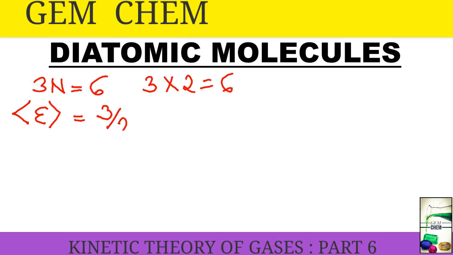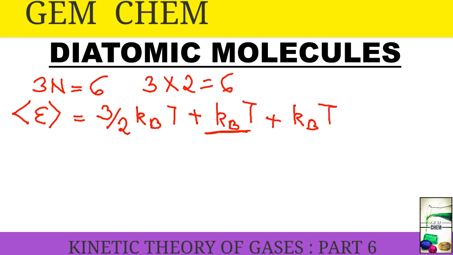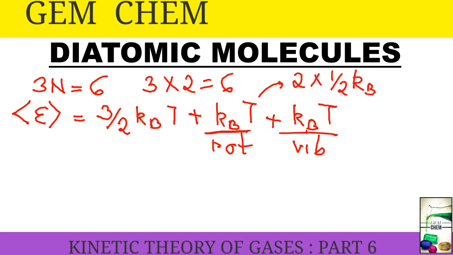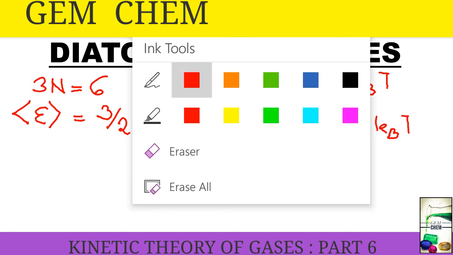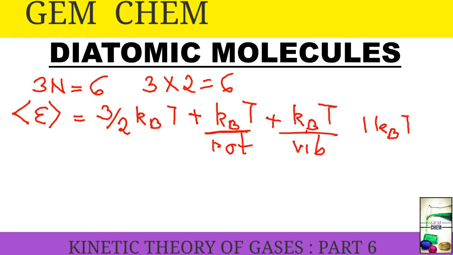There are 3 degrees of freedom for translational, half kBT for each one, 2 degrees for rotational, half kBT each, and 1 kBT for 1 degree of freedom for vibrational.